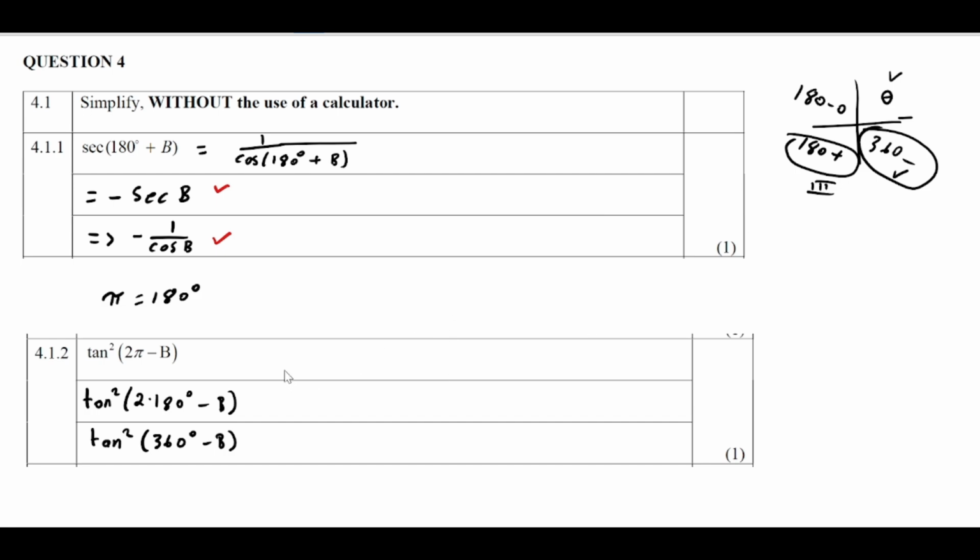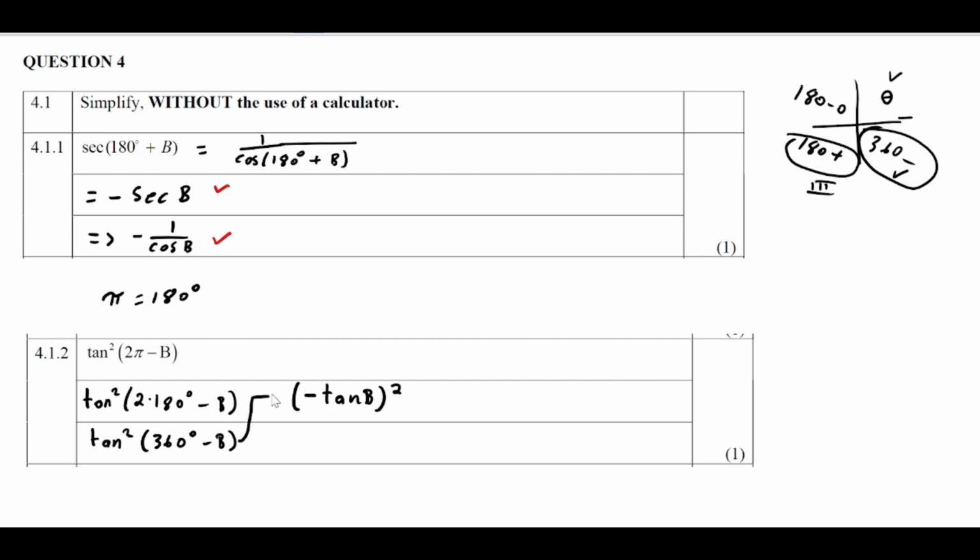So what's happening in the fourth quadrant? Only cos is positive. So that means when it comes to tangent, your tangent is going to be negative. So you're going to have the tangent of b. Allow me to put the square outside like this.